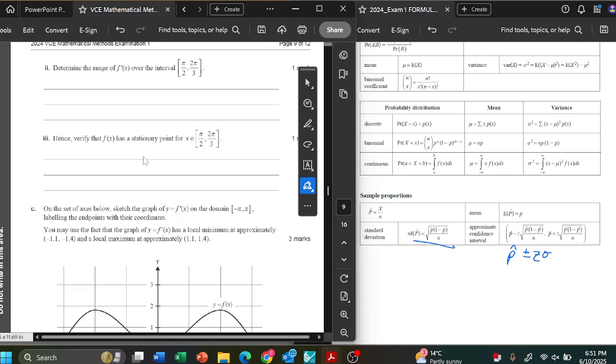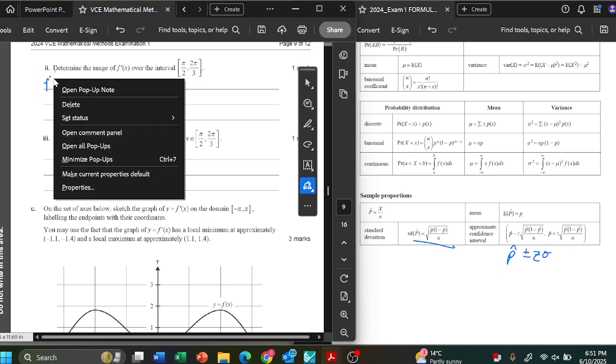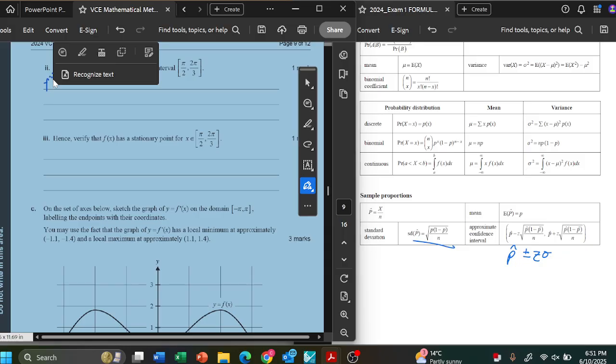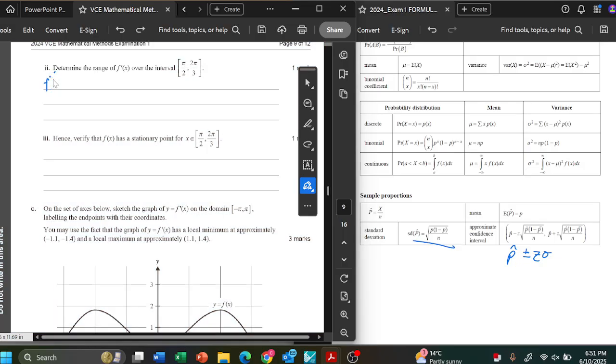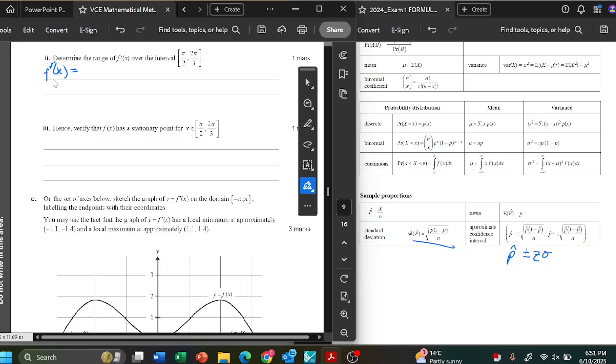So we've got f dash x is equal to, what was it again? Sine x plus x cosine x. We're going to go ahead and sub in the endpoints.